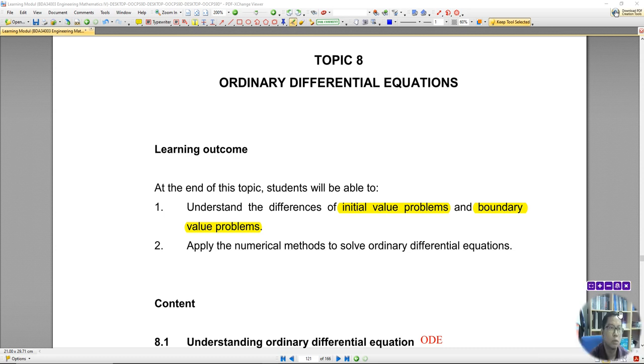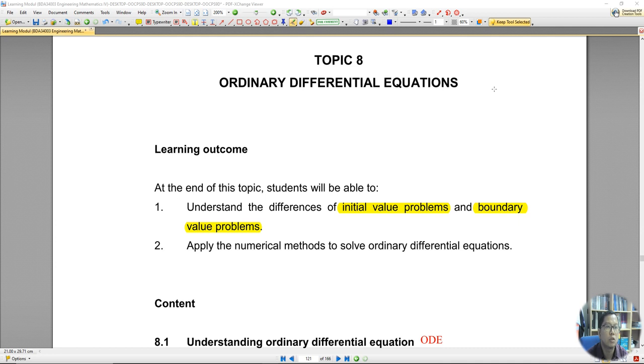Okay, class, we would like to continue our lesson in numerical methods, topic 8 about ordinary differential equations. For the learning outcome of this topic, the student will be able to understand the difference between initial value problem and boundary value problem.